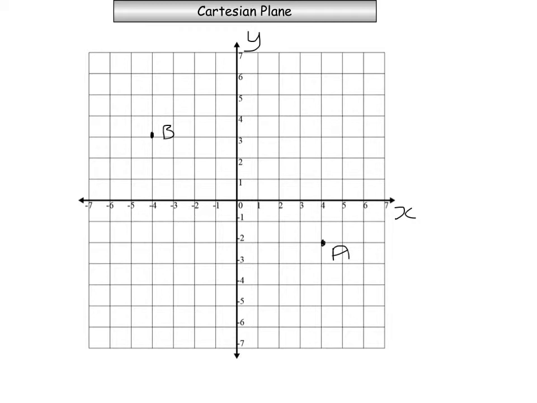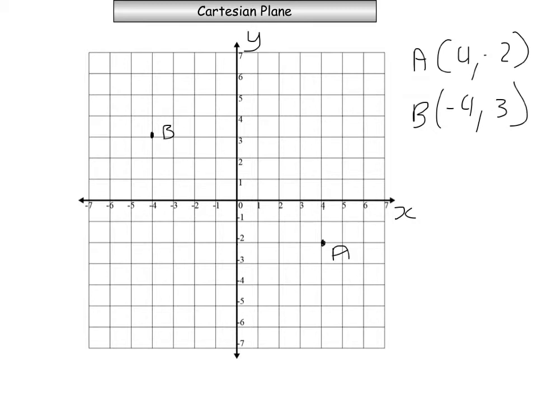The x ordinate needs to come first, so for A, we find that its x ordinate is 4, and then the y ordinate is -2. We can find that by reading it off the y-axis. We can do the same for B: the x ordinate is -4, and the y ordinate is 3.